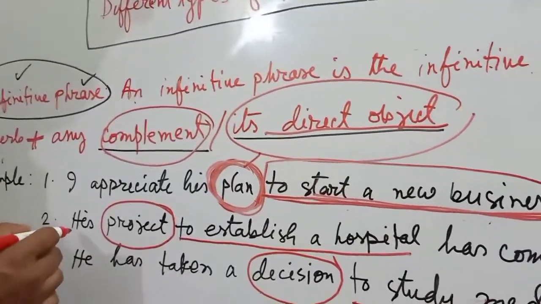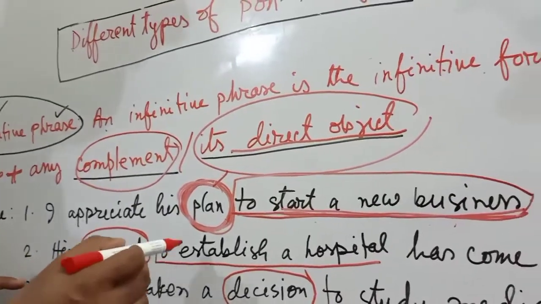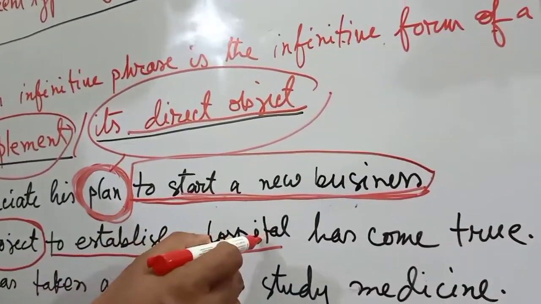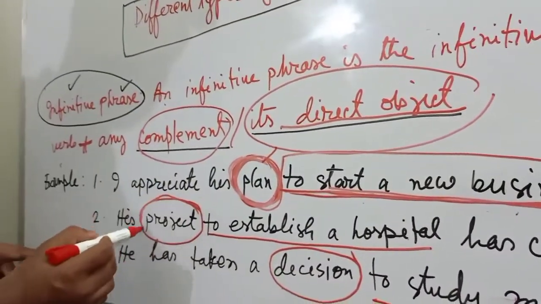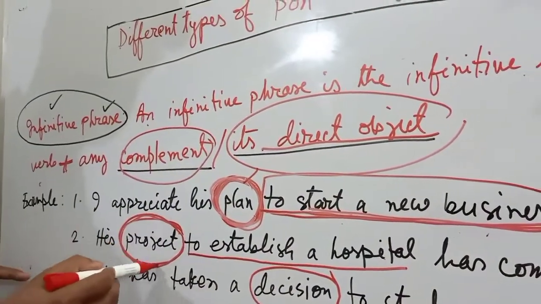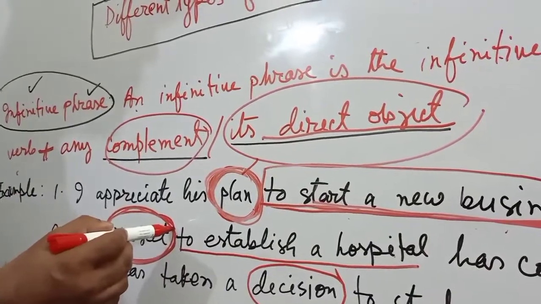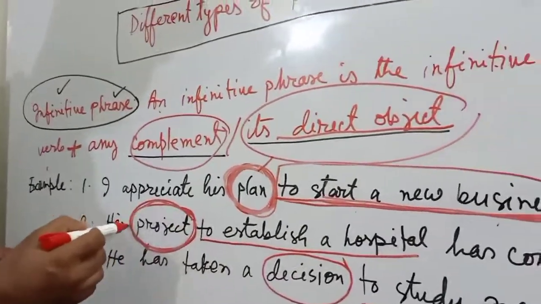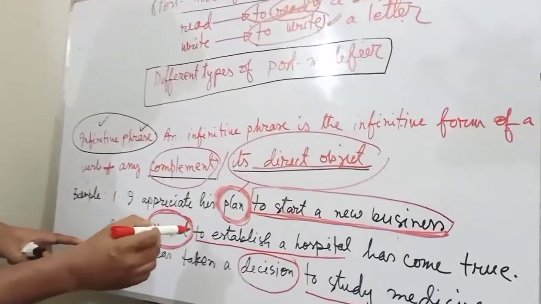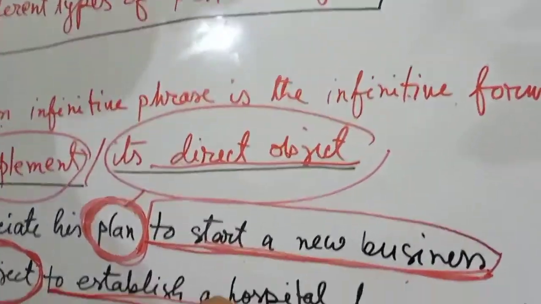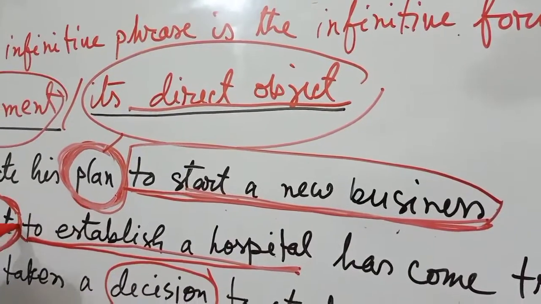In the second example, his project to establish a hospital has come true. Project here is the head word, the word to be modified. এই project শব্দটাকে modify করবে. Which phrase will modify? To establish.